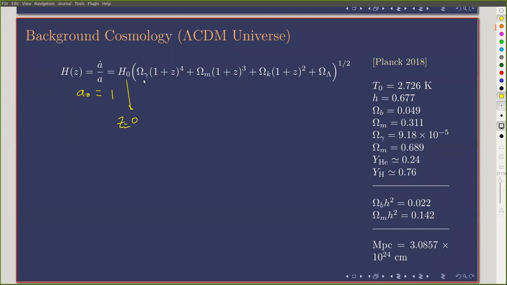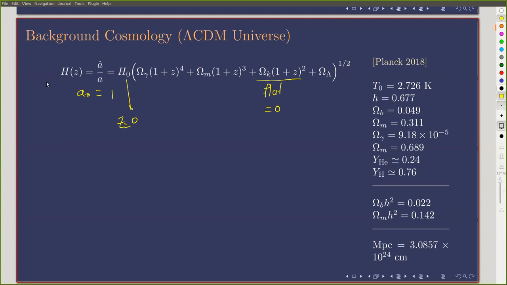This term is for the radiation: the radiation density parameter increases with redshift as (1+z) to the power 4, and the matter density increases as power 3. This is for the curvature, and we assume the universe is flat, so we take this to be 0. And this is for the lambda parameter.